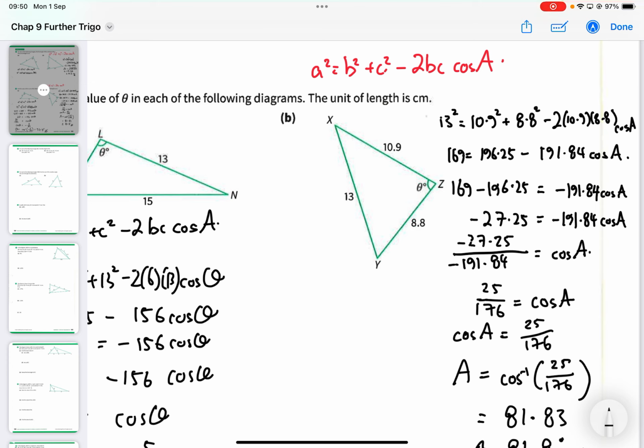This time, if I put 10.9 as the A, I will be finding this angle Y. If I put 8.8 as the A, I will be finding this angle X. Opposite. That is where your naming is important. A and A, always opposite.